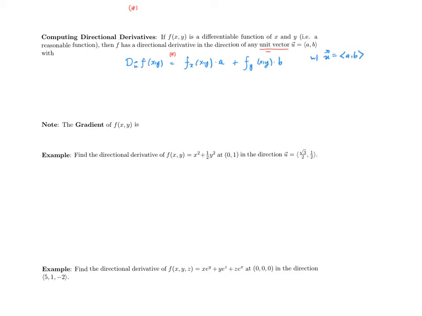This formula for the directional derivative can be found if we apply the chain rule to the function g of h, which is defined to be f of (x plus ah, comma y plus bh), with g prime of 0 being the directional derivative of the function f at the point (x, y) in the direction of u.